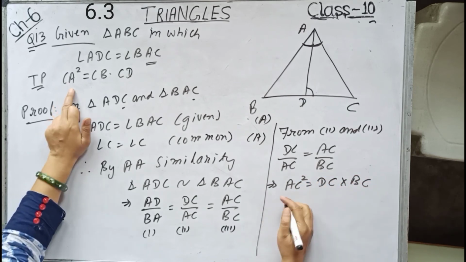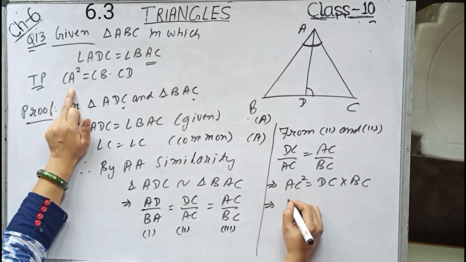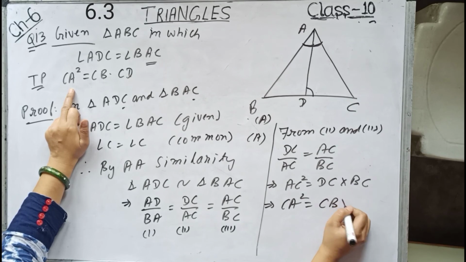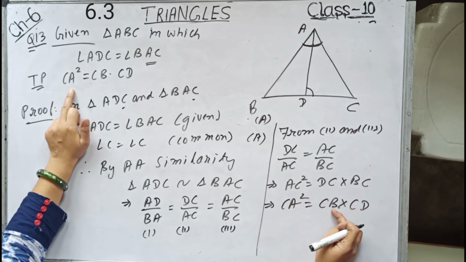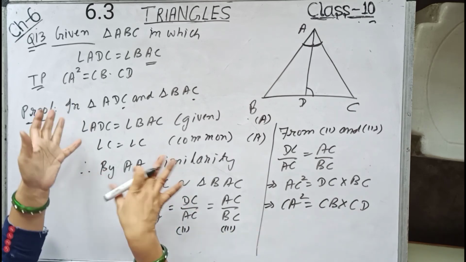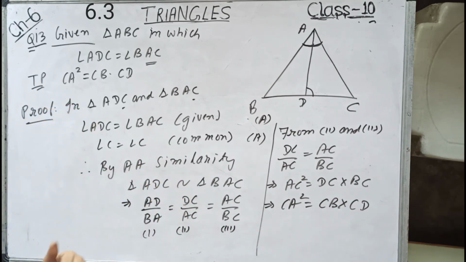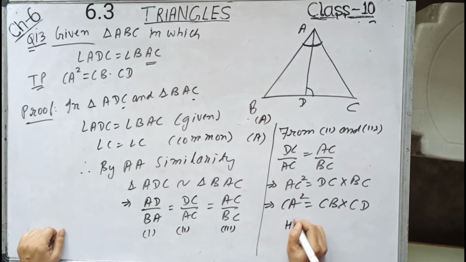Now let us write in the order whatever it is given in the required to prove part. This implies CA square equals CB into CD. Means BC we can write as CB, DC we can write as CD. So don't think how we will prove, just proceed on, you will be getting the answer, and hence proved.